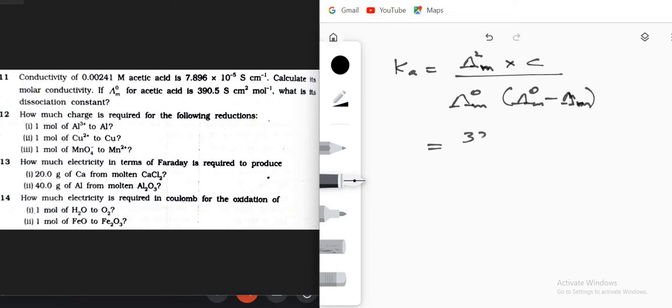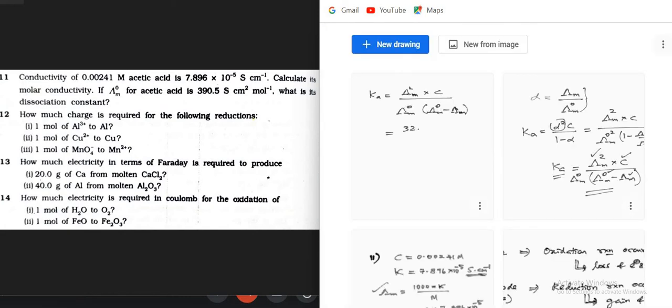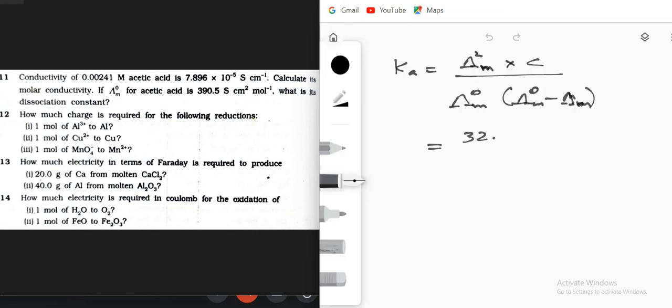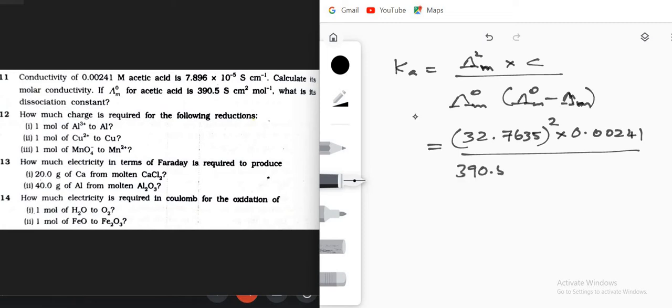If I substitute the values: lambda m is 32.7635, so 32.7635 whole square into the concentration of the solution, 0.00241 molarity, divided by lambda m naught, which is given in the question as 390.5, into 390.5 minus 32.7635.